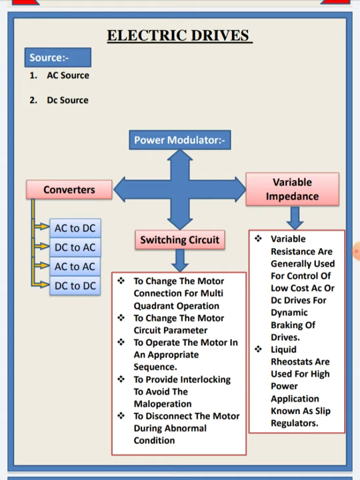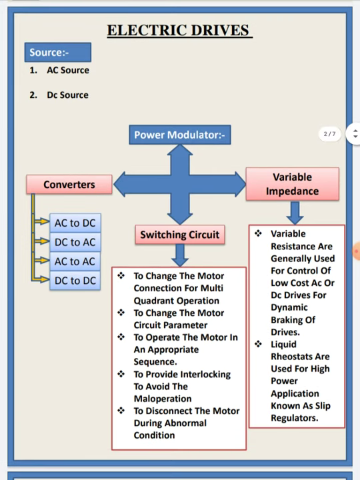As we saw in the last class, in a drive system there should be a source, and that source should be connected directly to the power modulator, and the power modulator is connected to the electrical motors, and the motor shaft should be connected to the load. It may be a translational motion or rotational motion drive system.